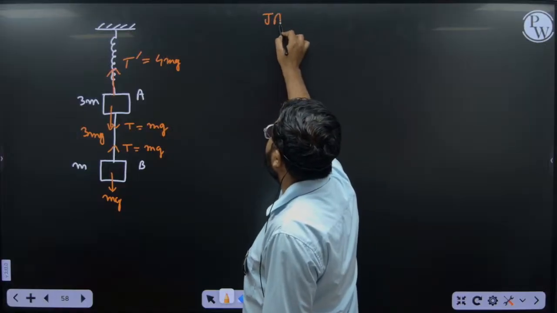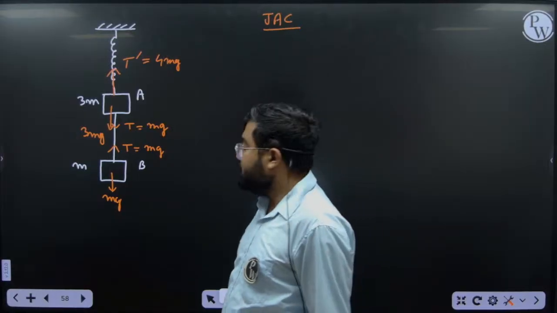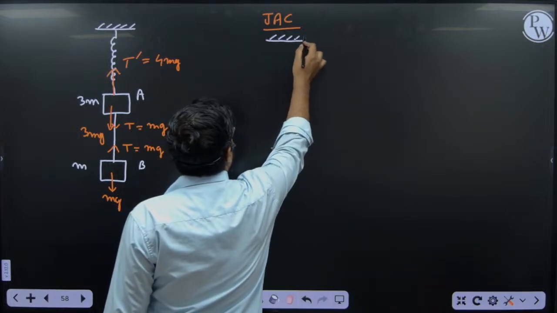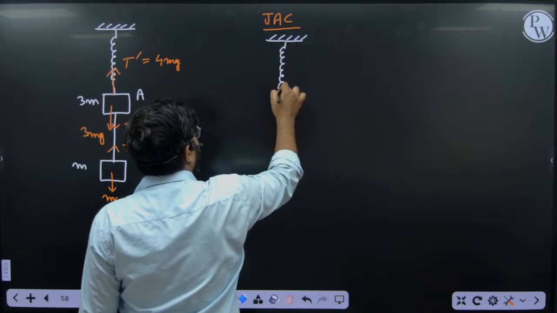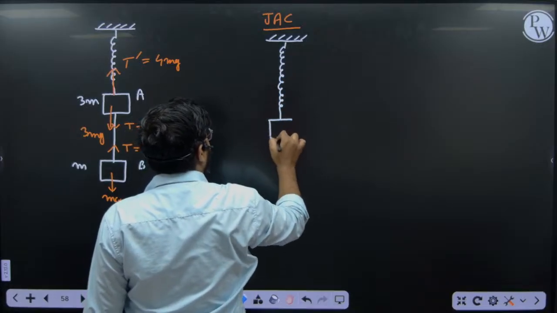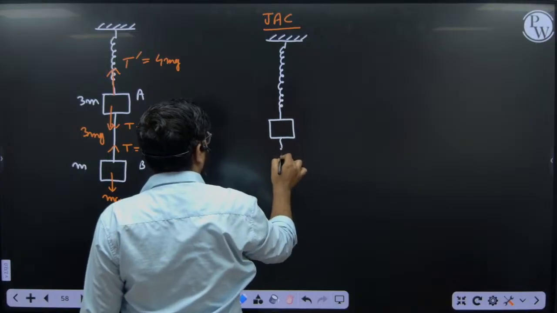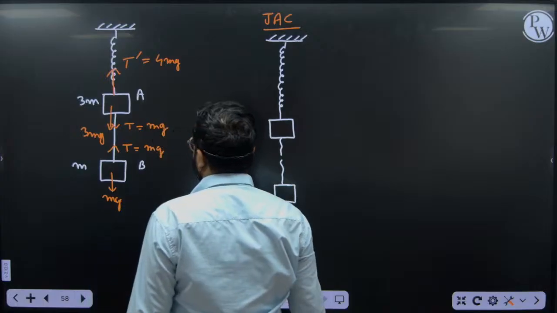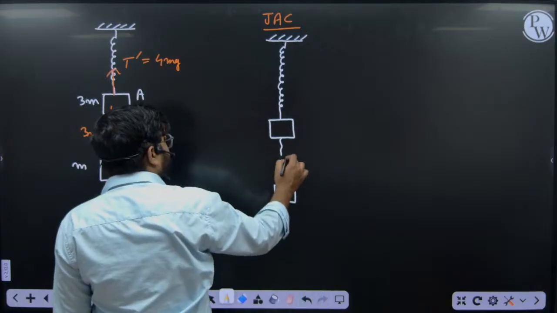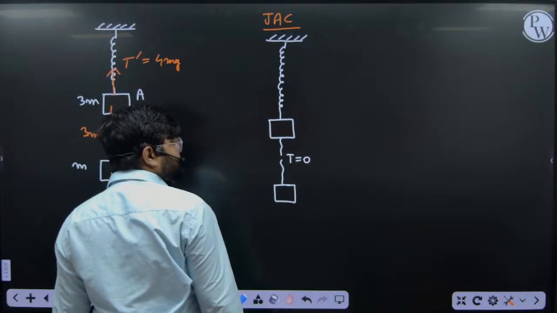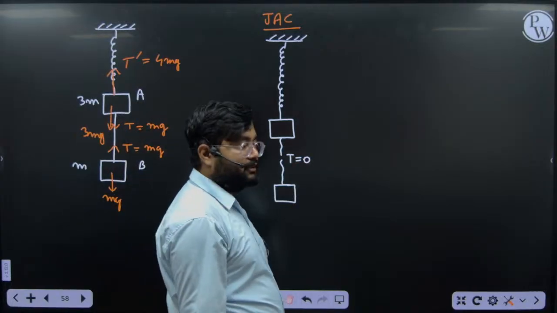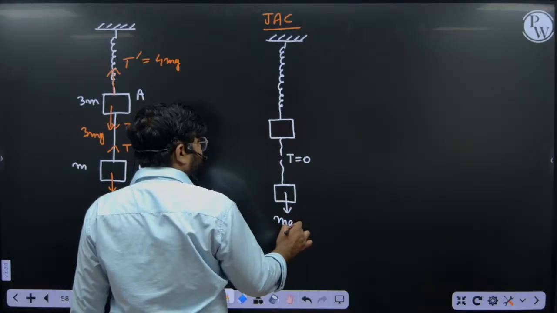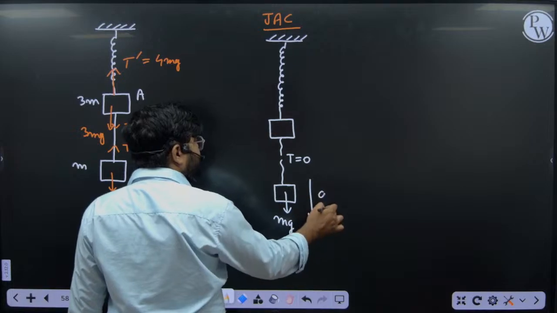Just after cutting, what happens? This tension becomes zero because the string is cut. But this mg is continuously acting, so this block will fall with acceleration g.